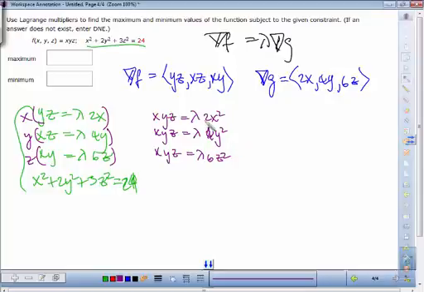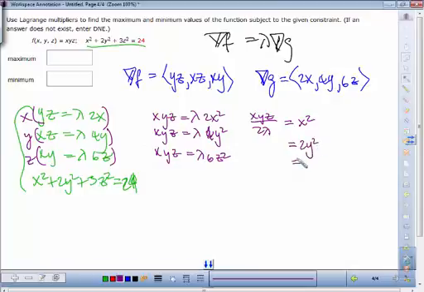And it looks like I can also divide by 2 lambda. Lambda, by the way, can never equal 0, so that's safe to do. And so let's divide by 2 lambda. xyz divided by 2 lambda is equal to, that's just going to be x squared. And if I do that to the second one, it's going to be 2y squared.